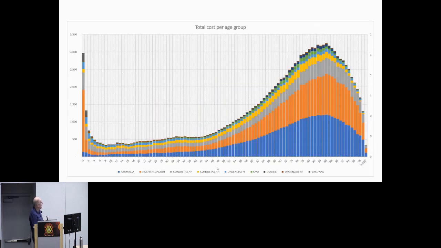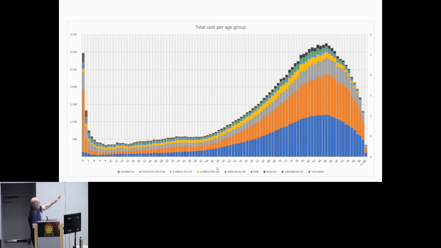And this is for you to see the data on the cost, the cost per age, which is related obviously with the use of the health system. So what you have below this blue part is drug consumption. Drugs obviously are the most expensive part, but the other big part is hospitalization, right?